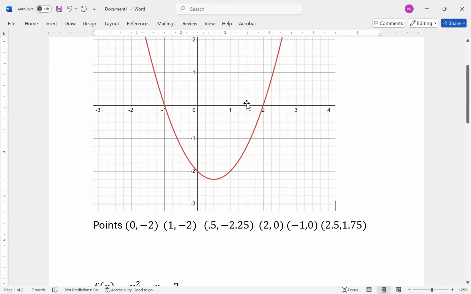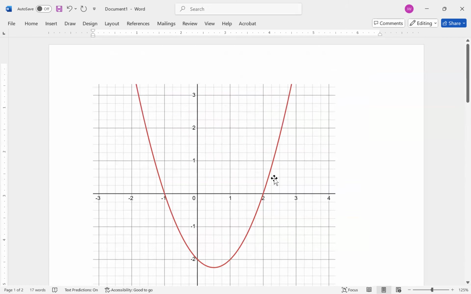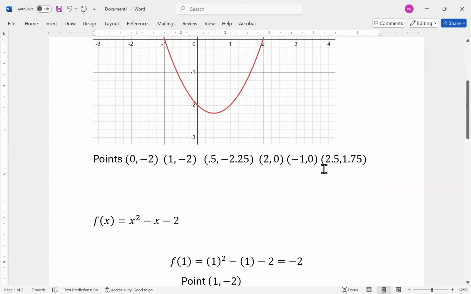You could do 1.5 and then negative 1.25, it looks like. Obviously, my picture only goes up to 3. So the 0.34 is somewhere up here. It's not on this picture. If I did this graph using technology, I could zoom in and zoom out and see some other points as well. But that's the main idea.